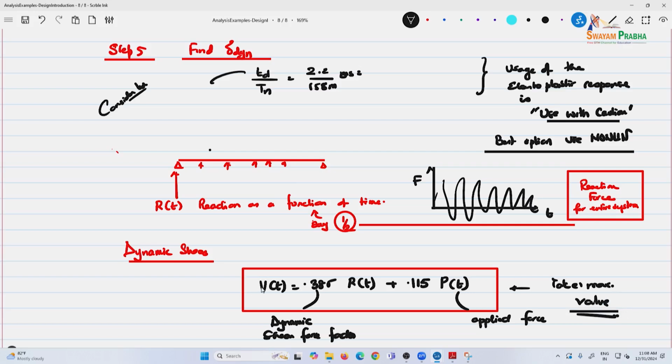As I had mentioned, there are other programs that give you dynamic shear as a function of time. Nonlinear doesn't give you that, because you're plotting your PR and PG as a function of time, but you're not plotting this; it doesn't add those up.